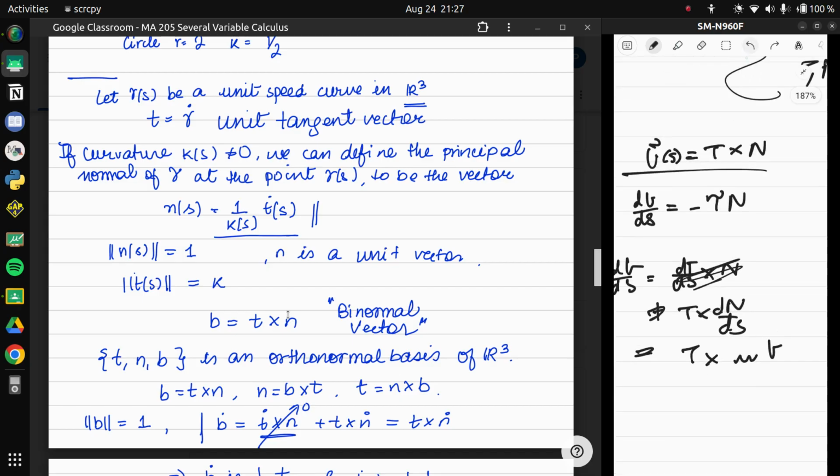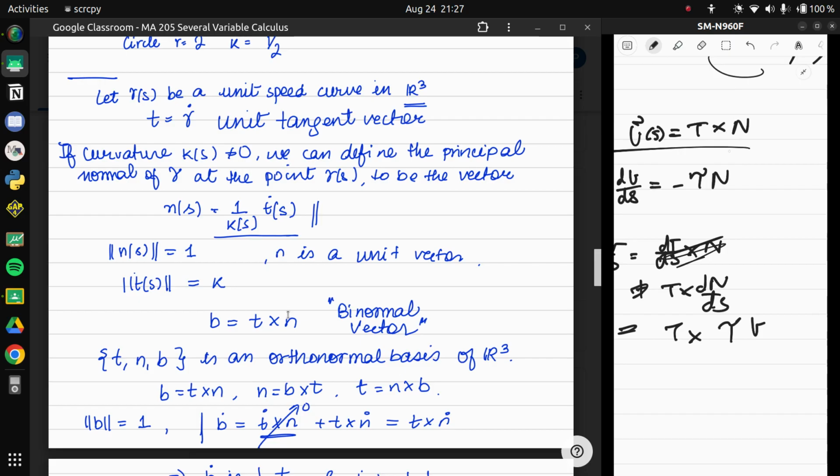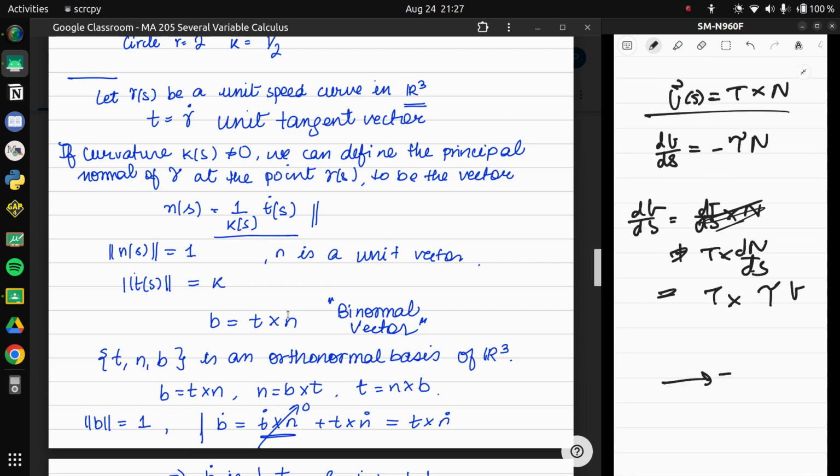Or just b for the sake of it. It's supposed to be a unit vector in any case. So something and then b. But that something is basically our tau, because notice that b was defined to be t cross n. So then t cross n, how do I show this? This is like t, and this thing is n, right?